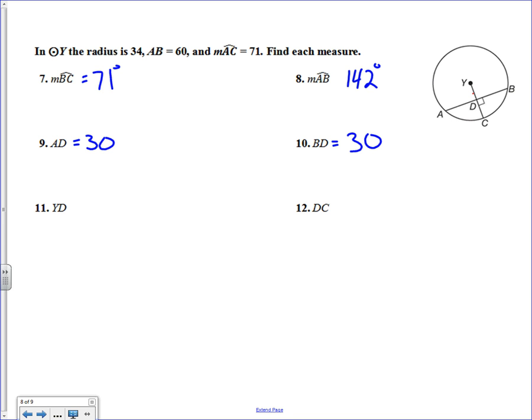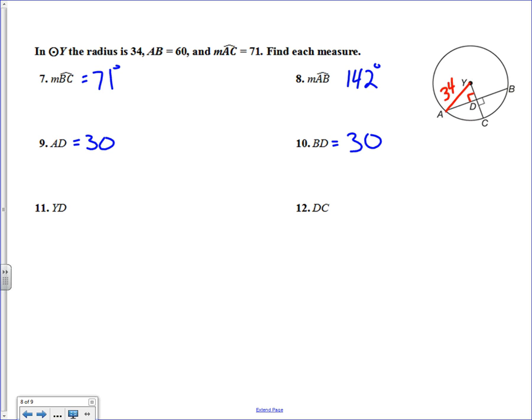We know that this is a right angle. We know that AY has a measure of 34. It's 34 because AY is a radius, right?